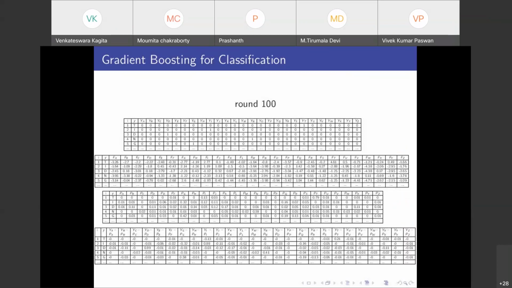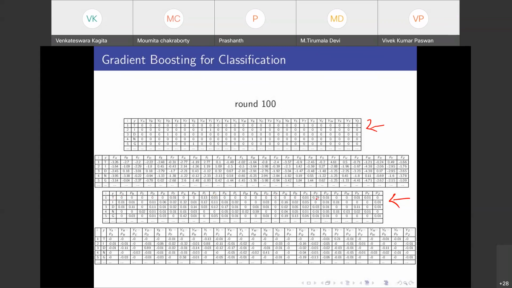So if you repeat this process at round 100, these are the values. If you see the probability distribution, this is the predicted probability distribution. This is of course the true probability distribution. This will not change. If you see the predicted probability distribution at round 100, in this row, where is it maximum?